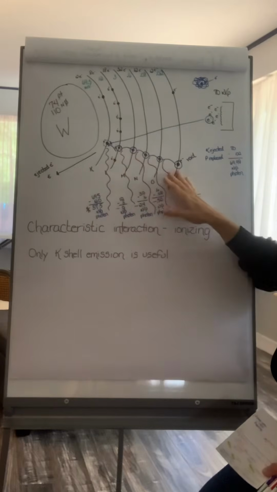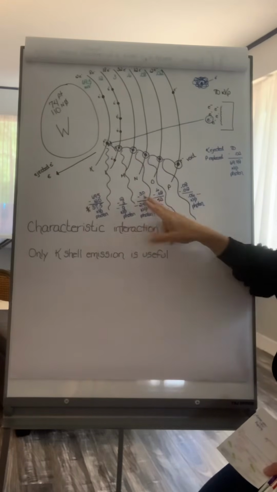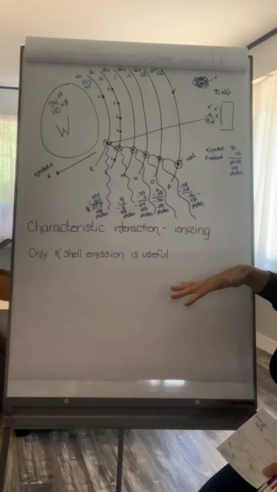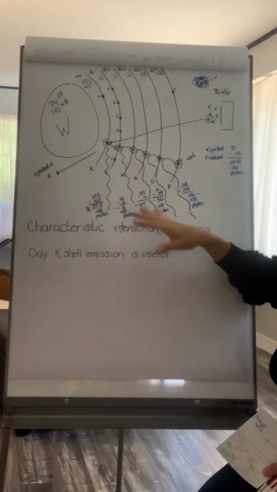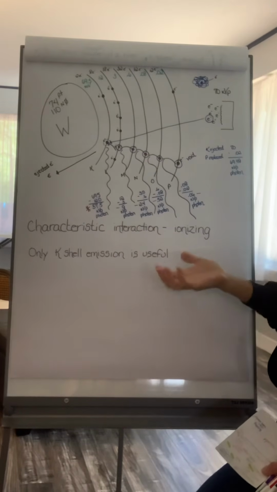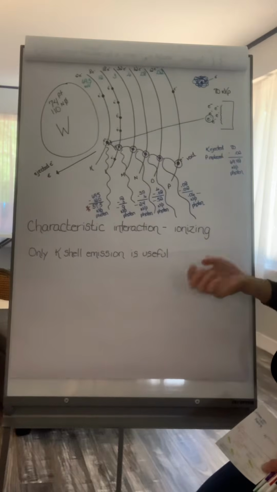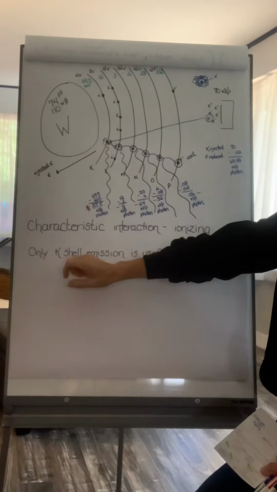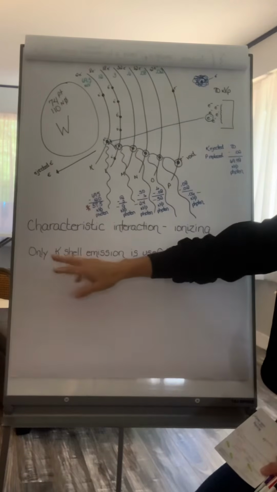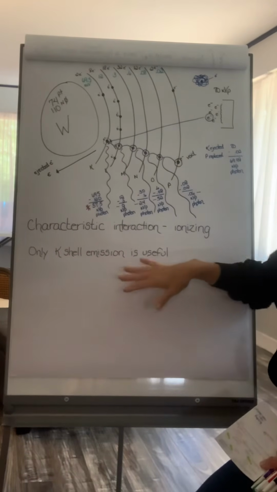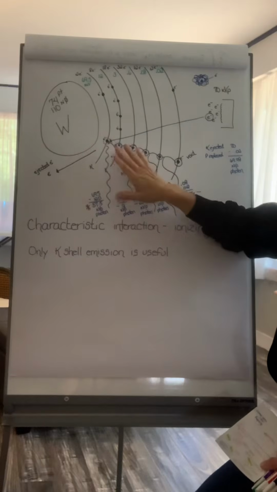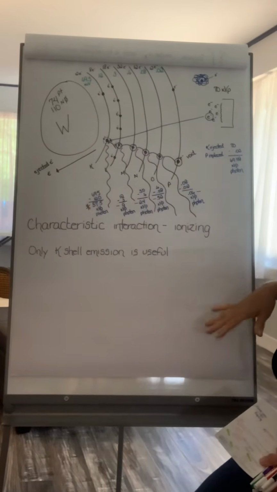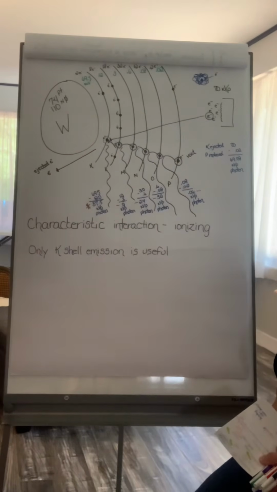So these are going to get knocked out. But the photons that are produced are not useful to us in the beam. So when they're produced, they ideally get filtered out in the filtration that's built in to the tube, the housing, or the collimator. So that's why we keep saying in diagnostic radiology, only K shell emission is useful. So if that gets knocked out, any other shell level that replaces it is going to be beneficial to us.